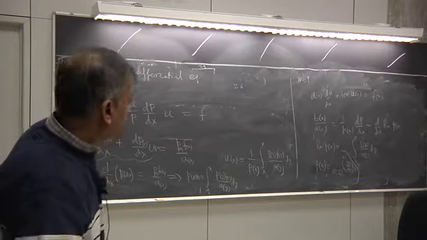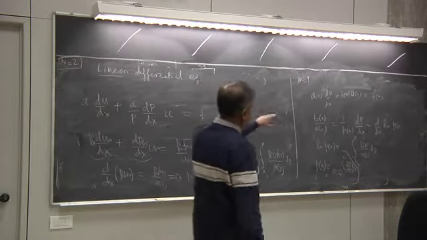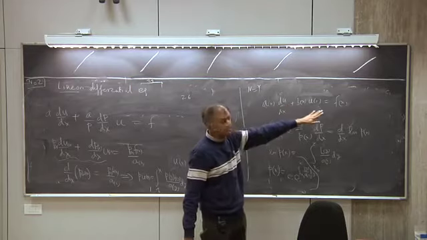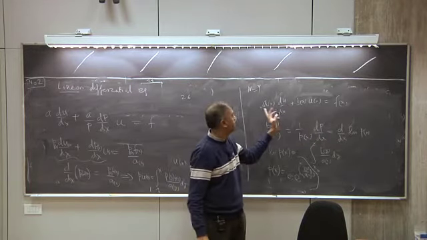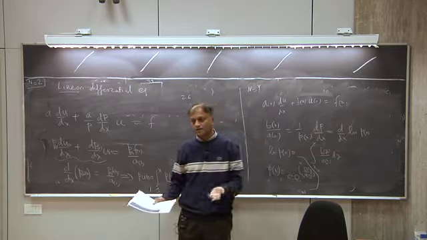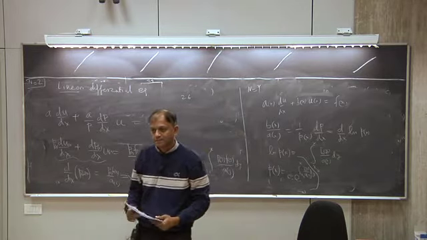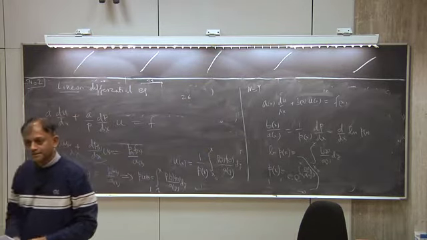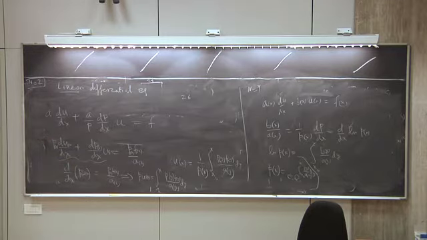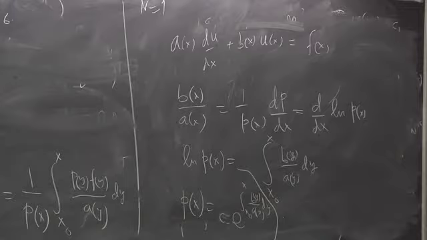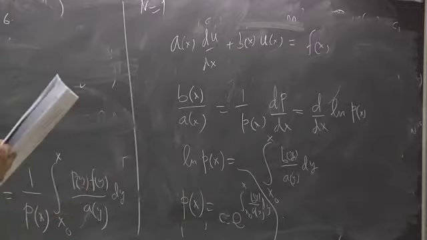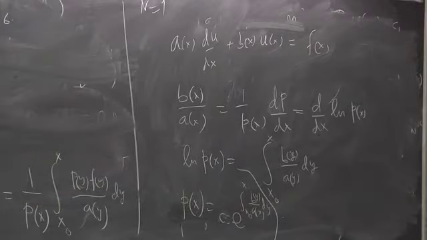I'm integrating it in a region where a, particularly a, is not 0. What happens in this region? Okay, then you have to worry about the singularities and so on. But I'm assuming for this discussion, which is a very general discussion, that it's just a normal situation, with no singularities.